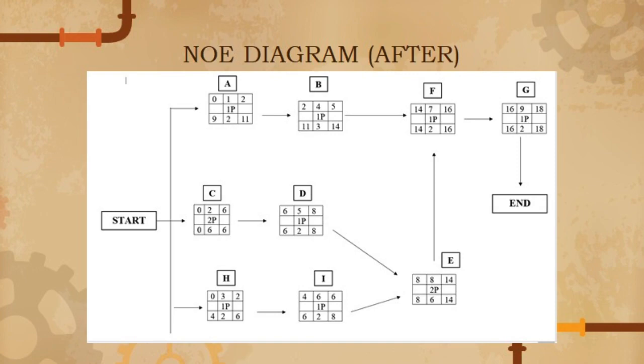Next is activity D. Activity D also changes in the ES and LF. The early start starts from day 6 to day 8, and the late finish occurs at day 8.